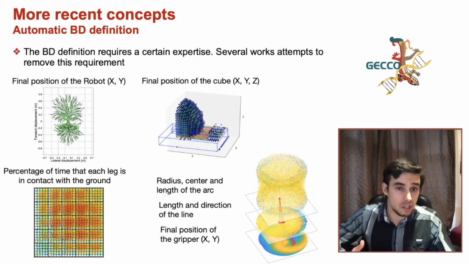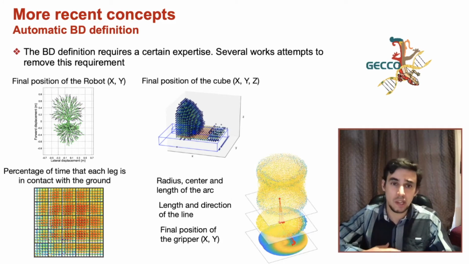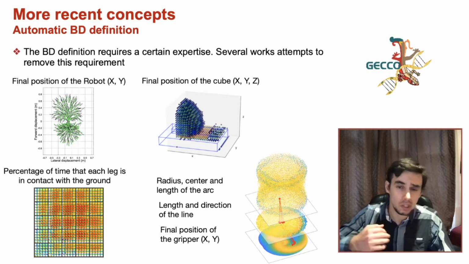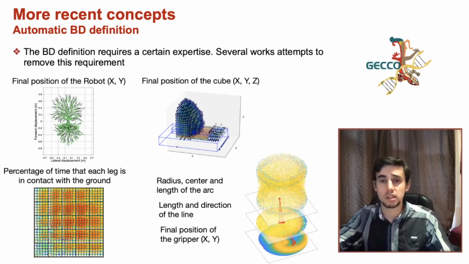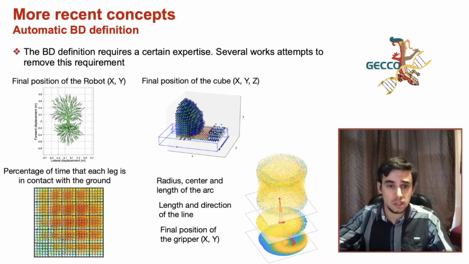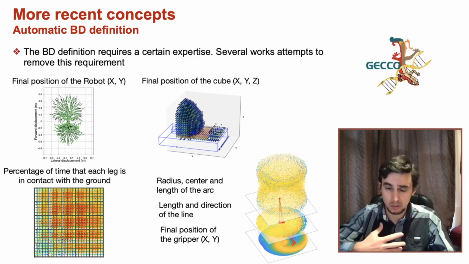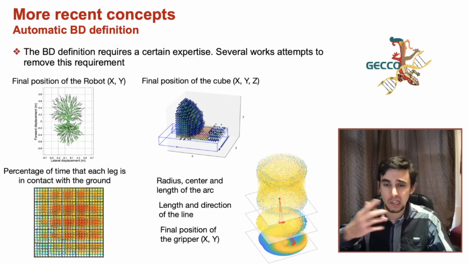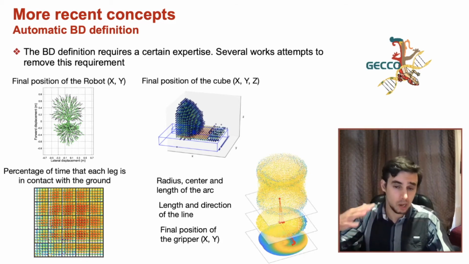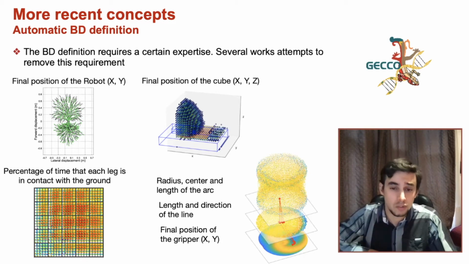Through those different examples, you have seen a large diversity of different types of behavior descriptors. It can be the X and Y location of a robot after walking, it can be the X, Y and Z location of an object in the scene, it can be some information about the interaction with the ground, it can even be something more complicated when we have a hierarchy of solutions.